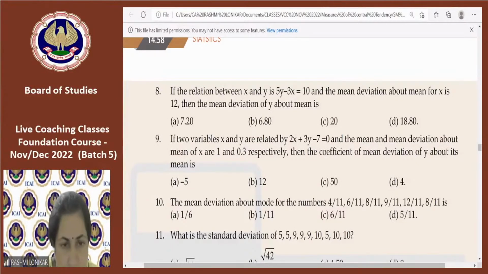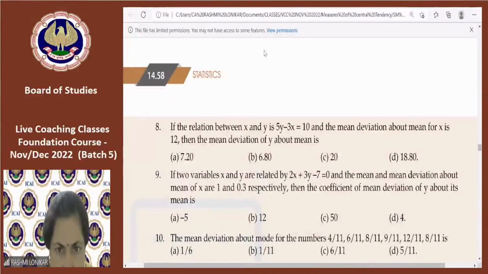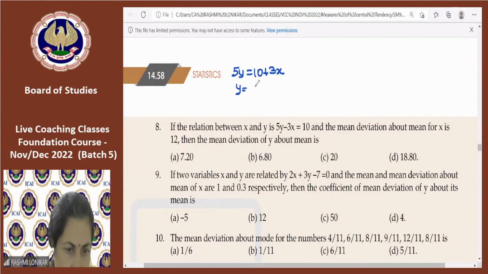Now 5y. These are the types of sums you can get very easily. So we will write 5y is equal to 10 plus 3x. y is equal to 10 upon 5 plus 3 upon 5x.